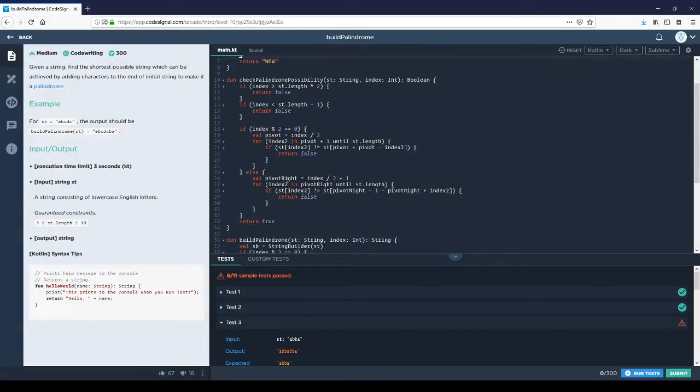And pivot right would be index divided by 2. That's 3, and 3 divided by 2 is 1, and plus 1 would be pivot right, yes. Index and pivot right until length, yep.